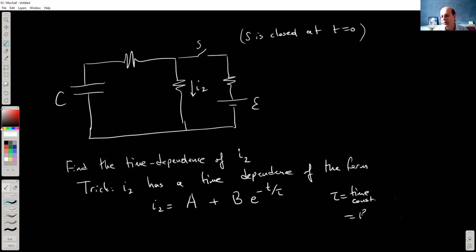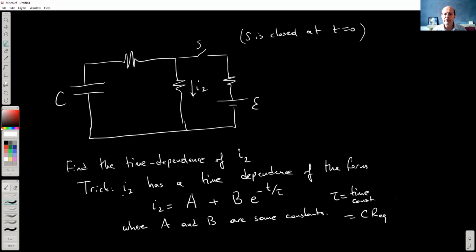So we know how to find this, right? This is C times some equivalent resistance. Here, A and B are some constants that you need to find. So at the end, when you compute the current I2, you are going to find this expression.